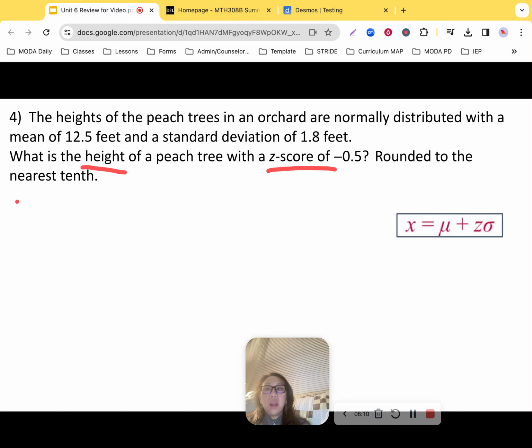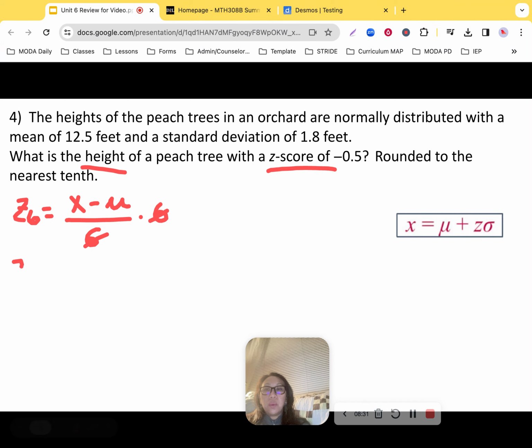So remember, the formula to find the z-score is z is equal to the raw score minus the mu divided by the sigma. So to find the raw score, we can just multiply by the sigma on both sides, so this ends up canceling.